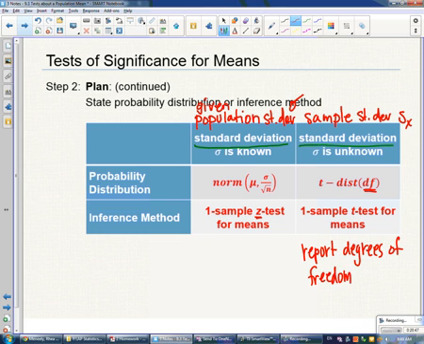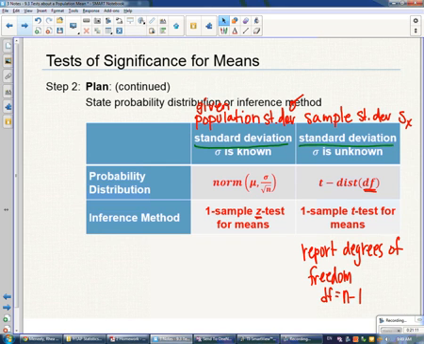The degrees of freedom, if you remember, are computed by taking your sample size minus 1. The formula for degrees of freedom changes depending on the type of test we're doing. If we're dealing with a one sample test for means, our degrees of freedom are n minus 1. But when we get into 2 sample situations or when we're dealing with more than one variable, the degrees of freedom formula will change a little bit.